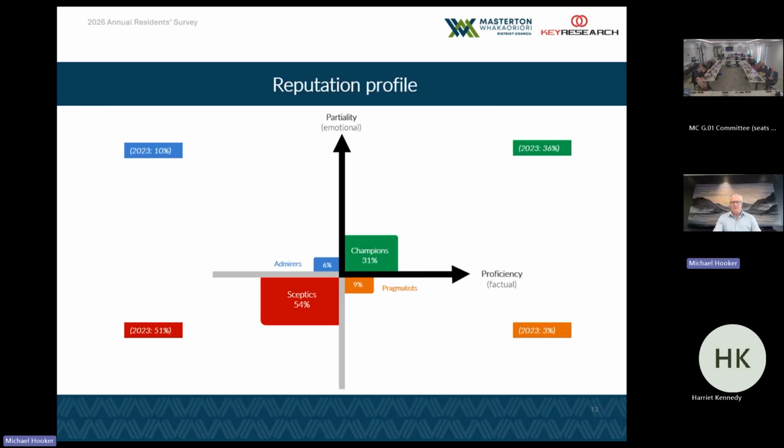So I'll touch on the reputation profile now. This is another unique offering that we brought into the local government sector. And this is off the back of 4 questions that we ask in the image and reputation section in the questionnaire. And this is just a snapshot of where the community sits at this particular point in time.